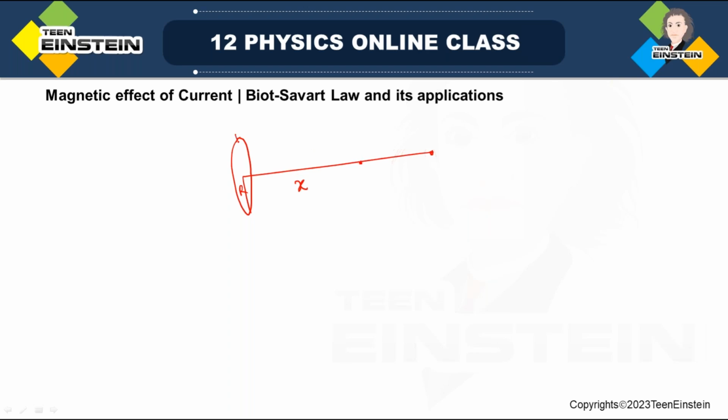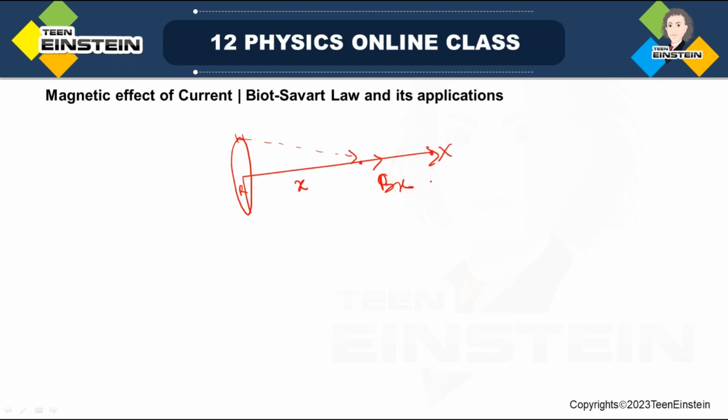I can consider first one element, and with respect to that we can do the calculation part, and finally we have to integrate it. We see that the magnetic field will be along the x-axis, Bx.